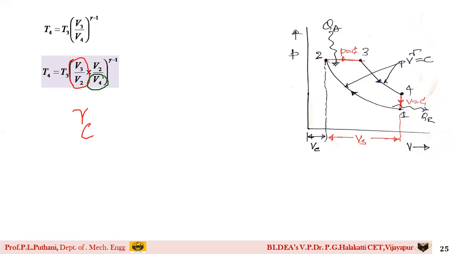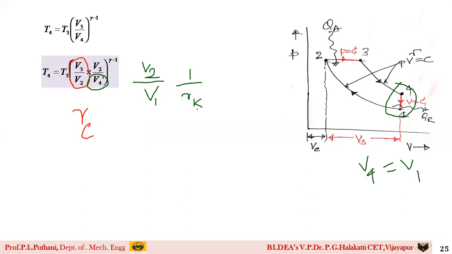Similarly, now observe here, students, carefully. This is V4. What is process 4 to 1, students? Process 4 to 1, if you observe on the PV graph, it is a constant volume process, which means V4 is equal to V1. So in this particular expression, can I replace V4 as V1? Then it becomes V2 by V1, which comes in the form of compression ratio, that is 1 divided by RK.